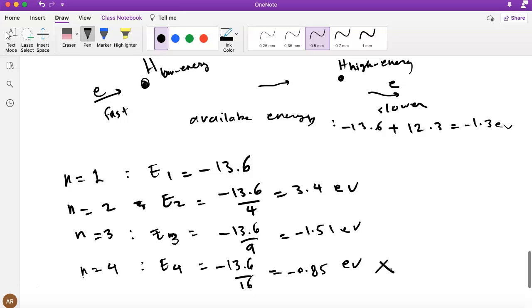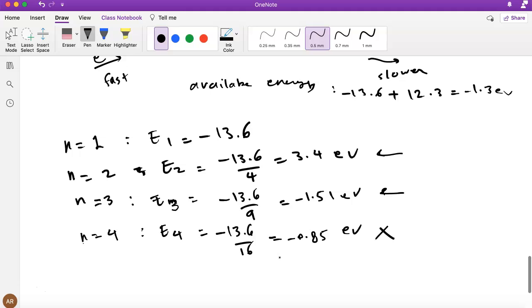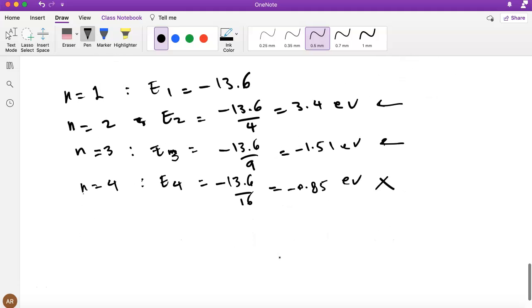So we can't have excited states with these energies. That's what the electrons do. And then the atoms, when they are in those excited states, they can decay to lower energy states and emit photons with some corresponding energy.